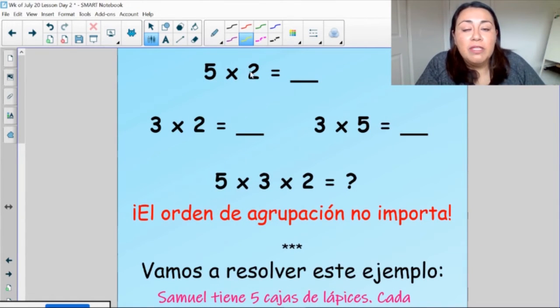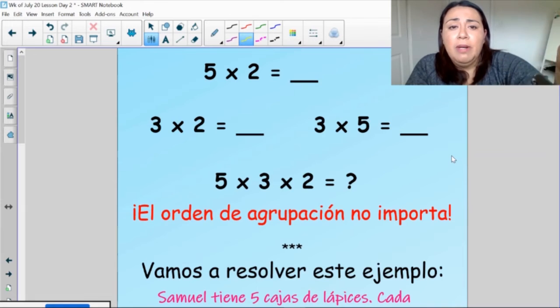Tenemos 5 grupos de 2, 5 por 2. Tenemos 3 por 2, 3 grupos de 2. 3 por 5, 3 grupos de 5. Hemos visto cómo resolver este tipo de problemas, ¿verdad? Yo sé que 5 grupos de 2, simplemente puedo decir 5 más 5, así que sé que la respuesta es 10.